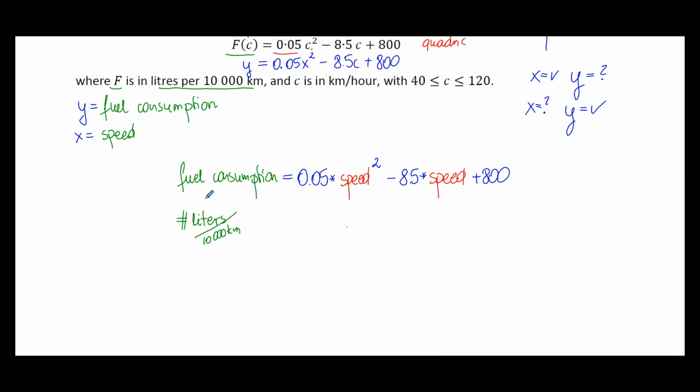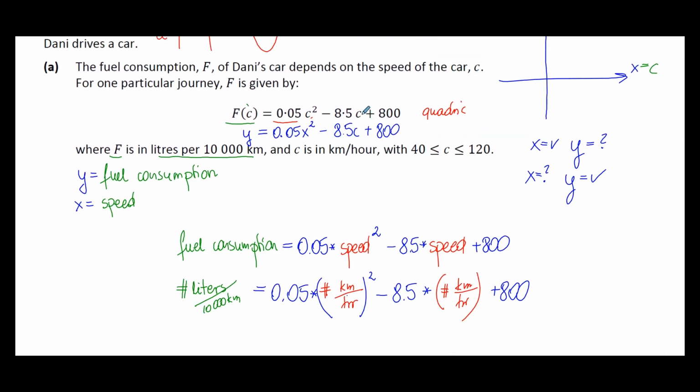And when we look at C, it is kilometers per hour, so speed will be given to us, asked, or expressed as a number of kilometers per hour. Here, to the power of 2 minus 8.5, multiplied again by a number that represents kilometers per hour, and then plus 800. So that's our function. That's one way of thinking about it, that's the other way, and that's the third way.